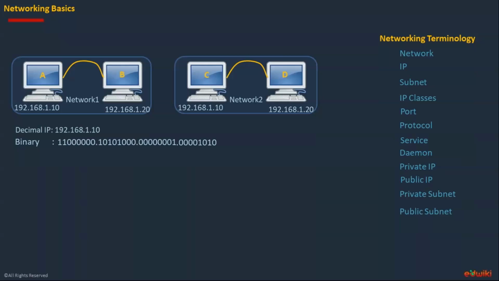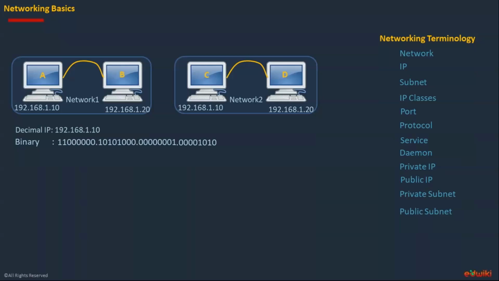The organizations decided how the number should be and made some rules, and that rule set is named the IPv4 IP address. So here I am using an IPv4 IP address, and it has standard rules. Rule number 1: it should have a total of 4 fields separated by a dot. Rule number 2: in each field, the number should not go beyond 255. I'll follow the IPv4 rules, and I've taken one sample IP address here.